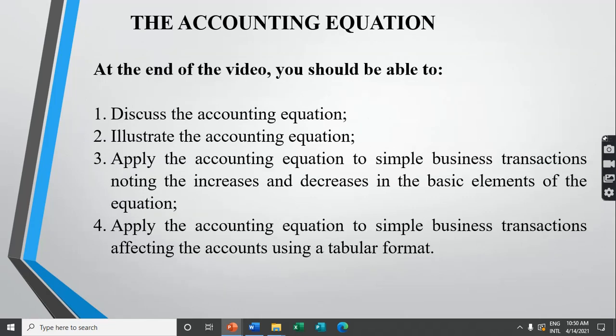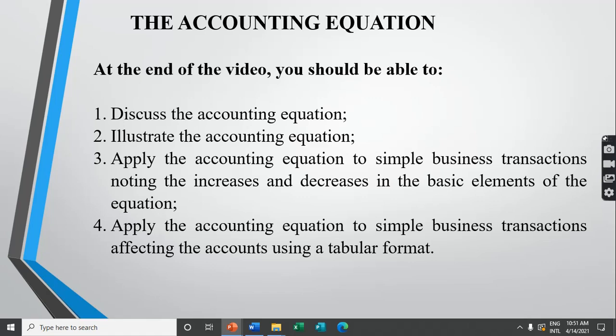Now, let's go to the accounting equation. At the end of the video, you should be able to discuss the accounting equation, illustrate the accounting equation, apply the accounting equation to simple business transactions, noting the increases and decreases in the basic elements of the accounting equation.